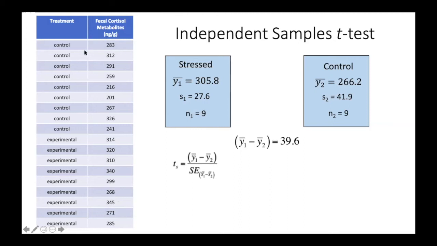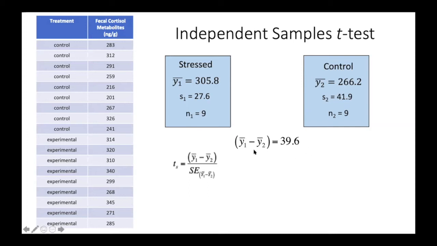In contrast, the corresponding sample from the control individuals exposed to the sham playbacks had a sample mean of 266.2 nanograms per gram and a sample standard deviation of 41.9. We also had 9 control squirrels in this hypothetical example.